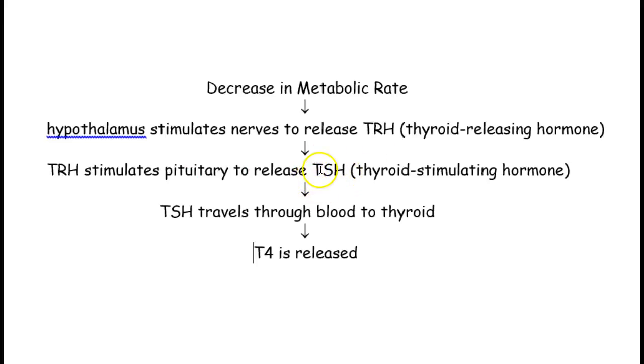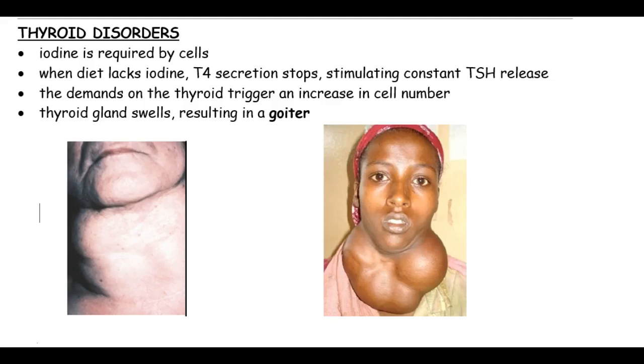TSH is going to travel through the blood to the thyroid gland, which is going to stimulate your thyroid gland to release T4, your thyroxine, and that's going to lead to an increase in your metabolic rate.